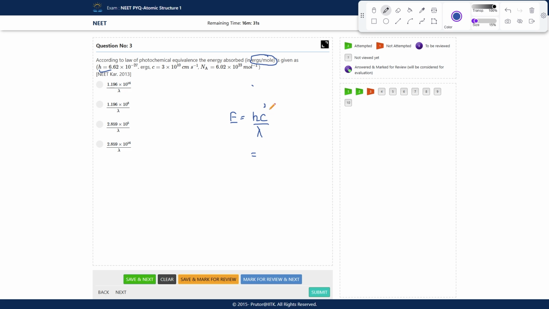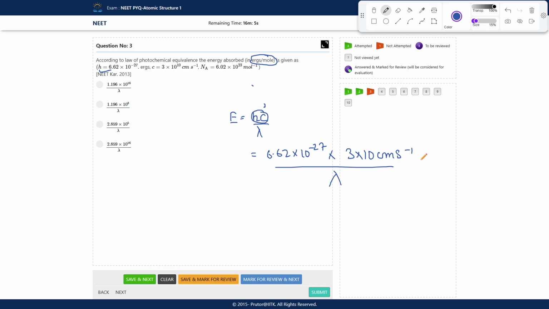Okay, so you will take your hc here. So 6.627 into 10 to the power minus 27 multiplied by the c, 3 into 10 to the power 8. But we will write it as centimeter per second. So all of these things are given in the required unit because we want it in terms of energies per mole by lambda. So this is the energy of one photon.